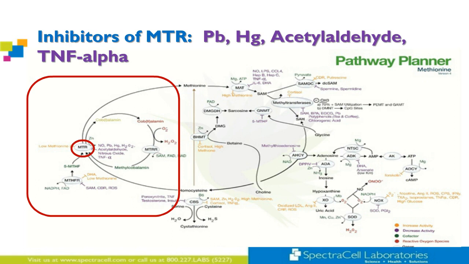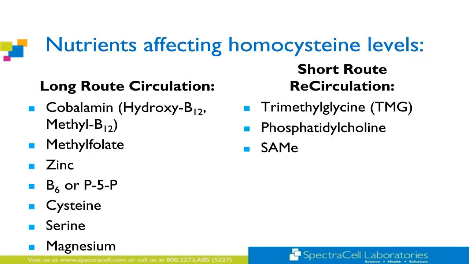TNF-alpha. So paying attention to the inhibitors is equally important as paying attention to the cofactors that are needed for these enzymes to work. And I've summarized here nutrients affecting homocysteine levels.